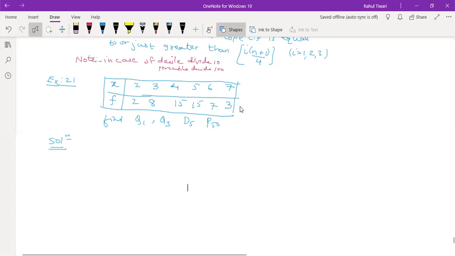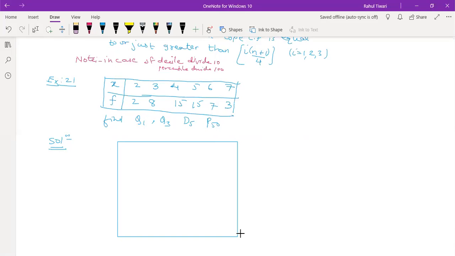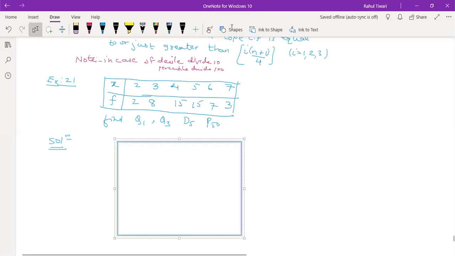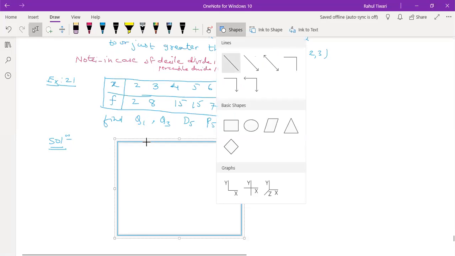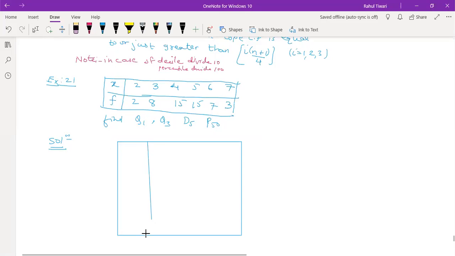Okay, let me write down the values first. So this is the table: x, f and less than cf, right? So we require x, and we have f, and then we have a less than cf.